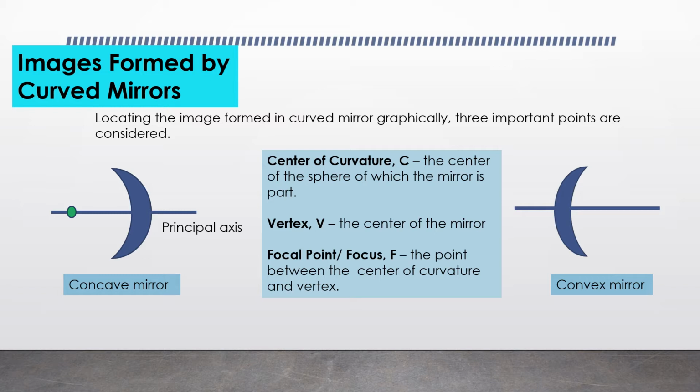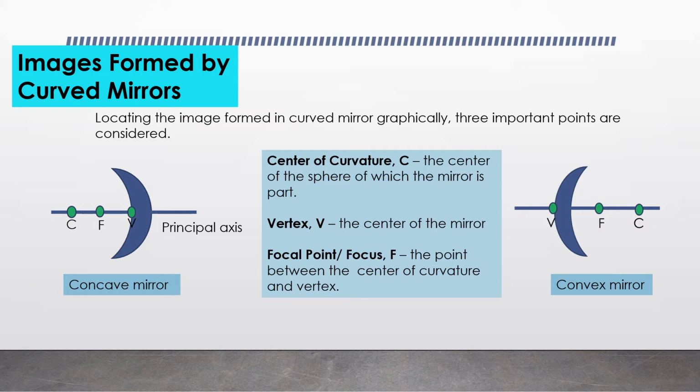Then, another point is the vertex. The vertex is the center of the mirror. Look at the points. And another is the focal point or the focus, the point between the center of curvature and the vertex. Okay? So again, there are three important points to be considered.